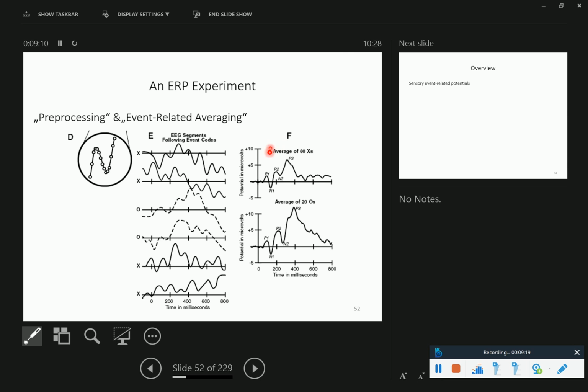For example, as shown here from the log book, the average of 80 of the X's and 20 of the O's, and then you get something that you would call an event-related potential, which has some peaks and valleys, and these peaks and valleys then, as we also already discussed, get some labels: P1 for the first positive peak, N1 for the first negative peak, and so on.